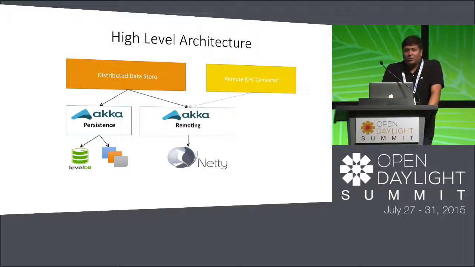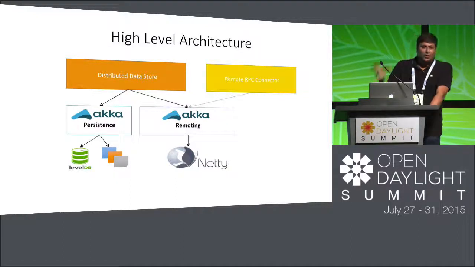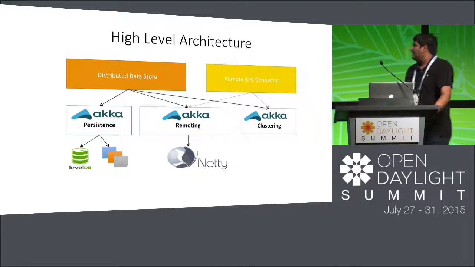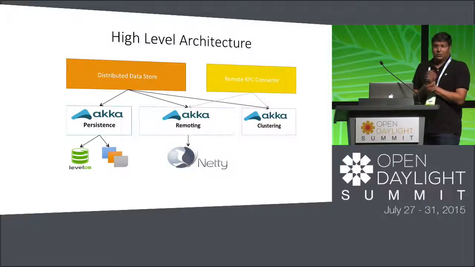The next thing is Akka remoting, and as its name suggests, essentially it's a module that lets one actor system on one node communicate with an actor system on another node. So that's basically the idea. And we also use Akka clustering, and that we use for discovery of the nodes.